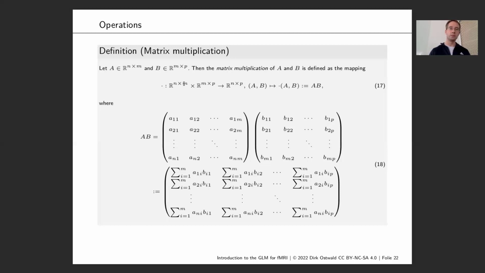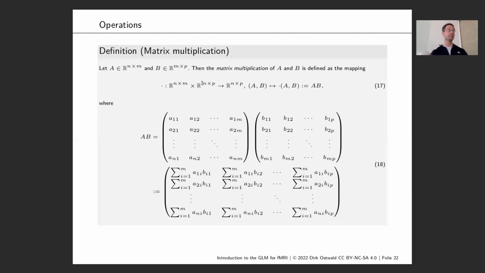And by inner dimension, I mean here this M and this M. So we take an N times M matrix and we multiply it with an M times P matrix. The N can be whatever we want, the P can be whatever we want, but these inner dimensions need to be the same. Otherwise, matrix multiplication is not defined. And if you do it in programming, you will get an error, and that's an error that you get a lot. Or at least I get a lot if I try to multiply things.